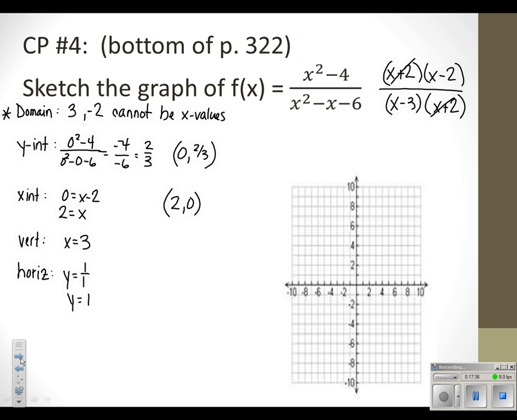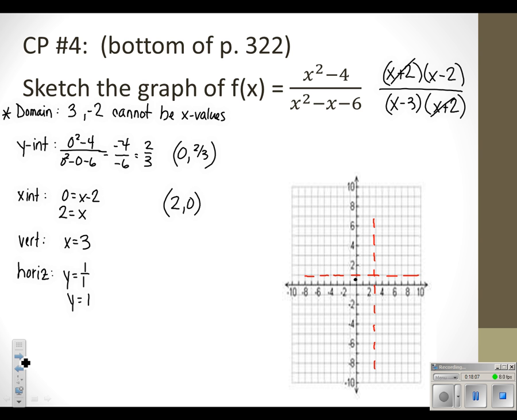All right, so let's start graphing a couple of these things. So our vertical asymptote is x equals 3. Horizontal, y equals 1. We have a y-intercept of 0, 2/3.